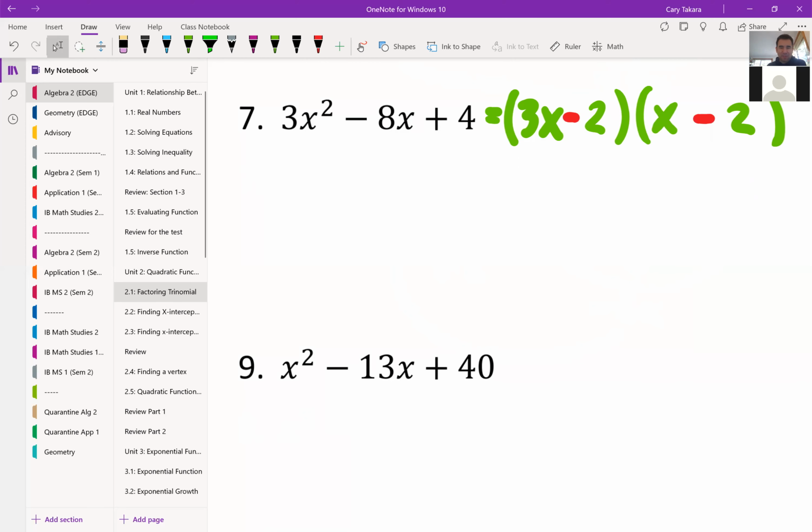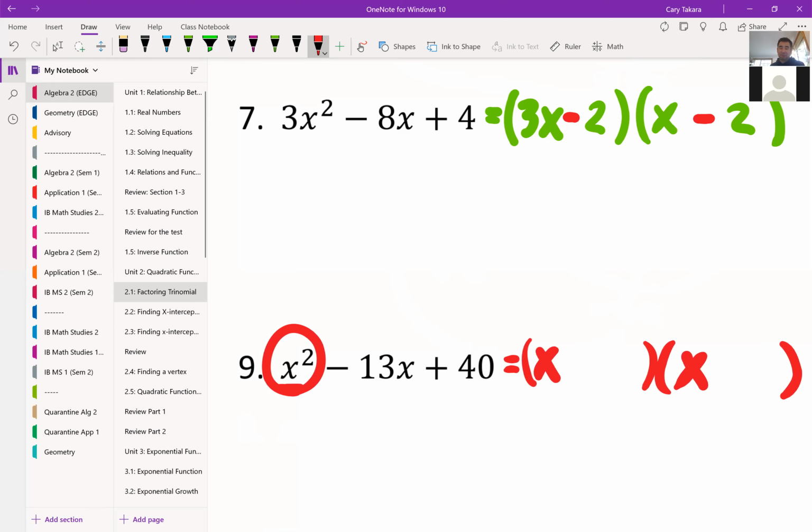All right. Some of you already figured it out. Immediately when you look at x squared, you know that it's going to be x and x. So you can just as well write it down. The next step is to look at 40.